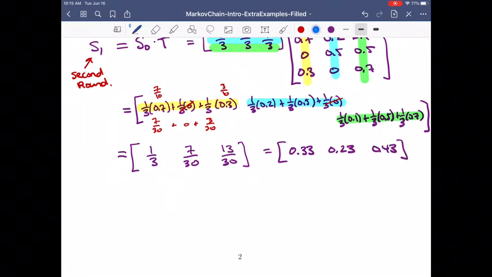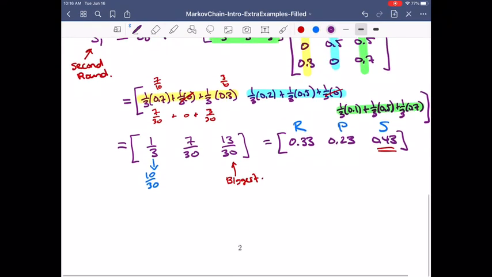If you wanted to compare them using fractions, you just want to write this one as 10 over 30 so that they all have the same bottom, because then you can easily tell that this one is the biggest. But if you do decimals, you can tell that as well. So remember that our states go in the order rock, paper, scissors.